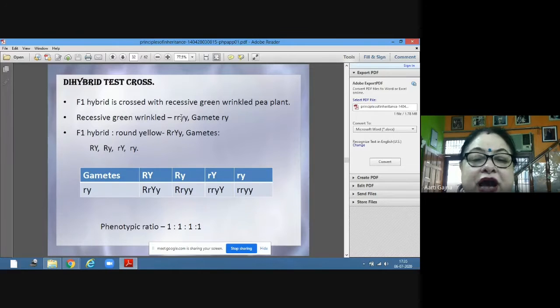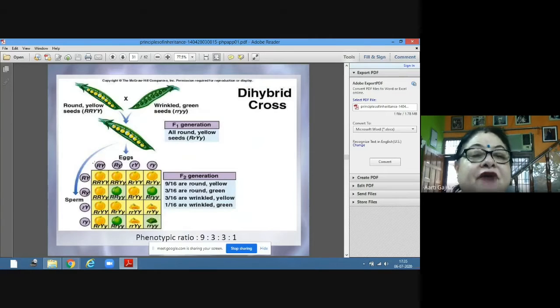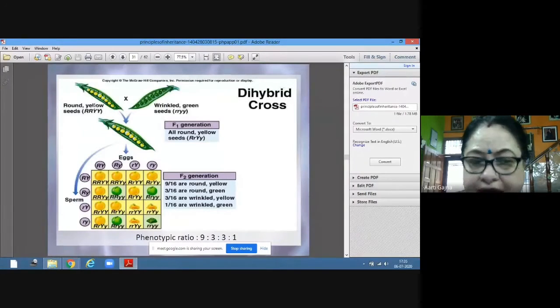And capital R, small r, capital Y, these are round and yellow. So these are dominant. These are round seeds and yellow seeds. Round is dominant over wrinkle. He did the experiment with round and wrinkle also in monohybrid cross, and he saw that round is dominating over wrinkle.